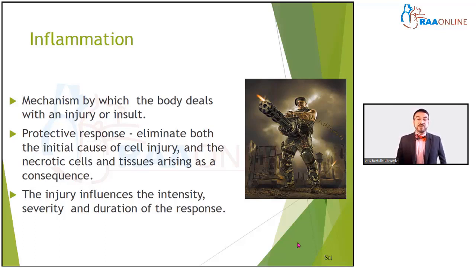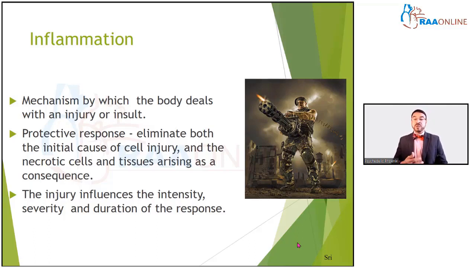Now let's have a look at this picture on the right side. You have a soldier who's shooting bullets from a gun. This is one of my favorite PS4 video games. Now, a soldier shoots his bullets when he is attacked, or when the country is attacked, or when your zone is attacked.